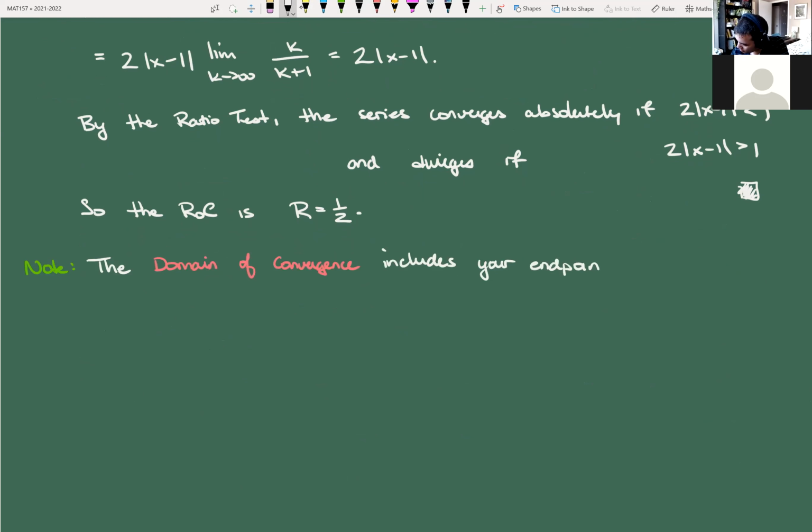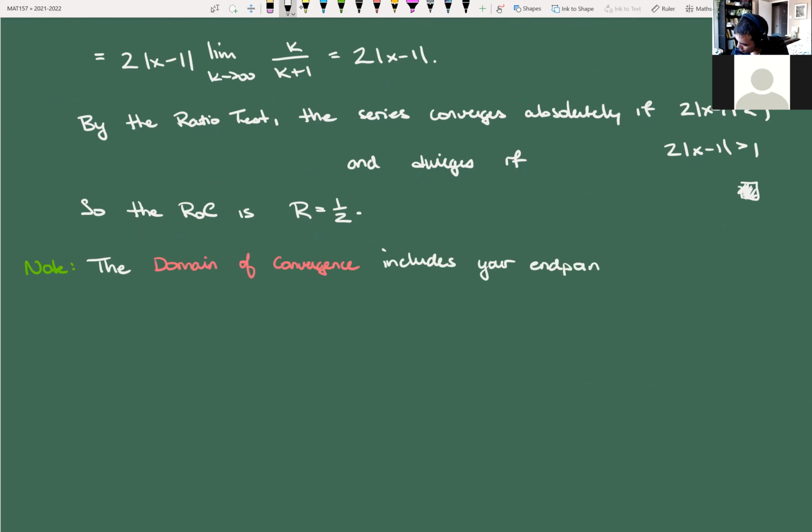Okay, so solution. Let's check what happens at x minus 1 equal to 1/2. And again, if you really wanted to solve this, you could. This means x equals 1/2 and 3/2.